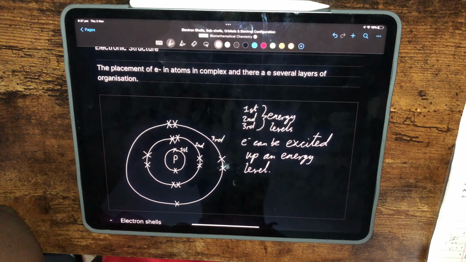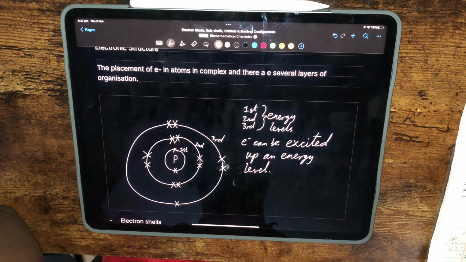They're still in place, but they move a bit more freely, and therefore they have more kinetic energy compared to electrons in the first shell. So the higher the n of an electron, the further away from the nucleus it orbits.